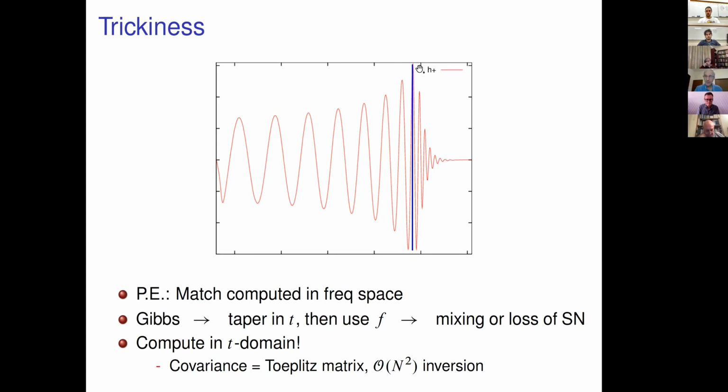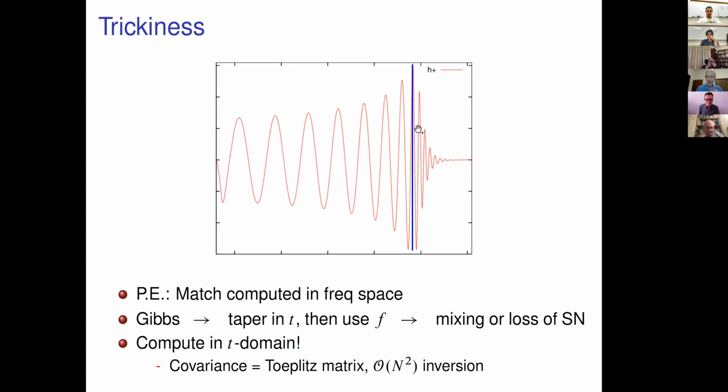Now you can see what the problem is. If you start your taper too late, so for example, if I started here at the peak and then go up, I'm losing the strong early part of the ringdown signal, and then I'll just be dominated by this weak signal that's buried in the noise. If I move my taper to the left, so it starts early, then I'm contaminating the ringdown with some of this late part of the inspiral.